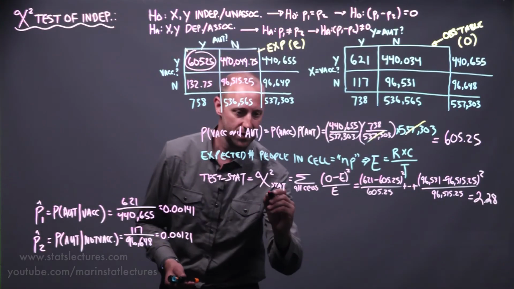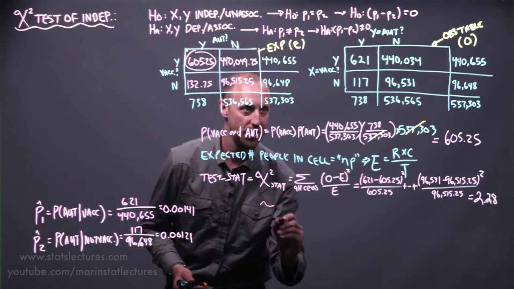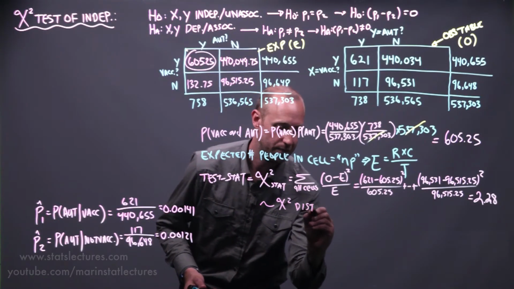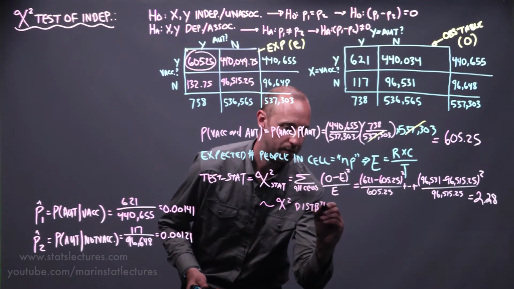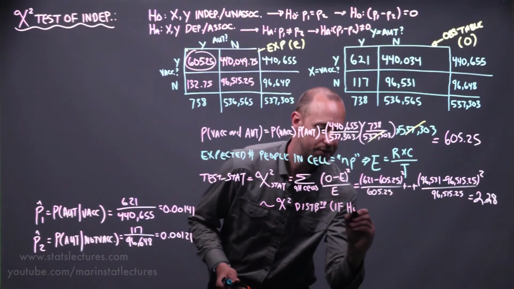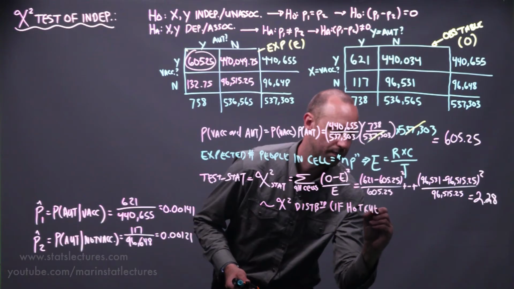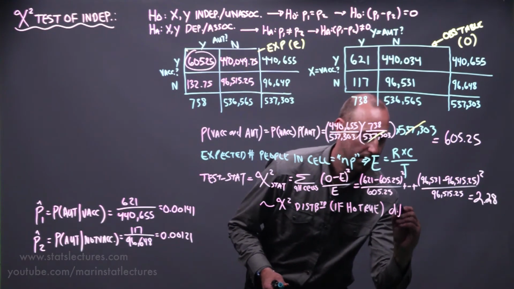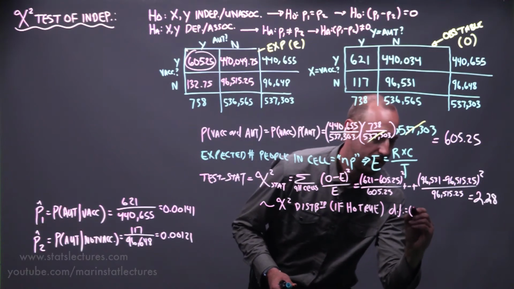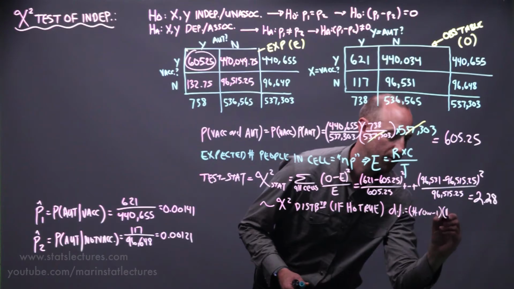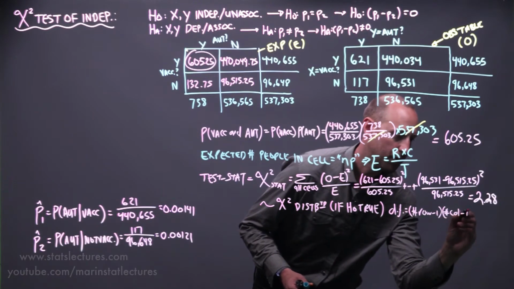This test statistic is approximately chi-squared distributed if the null hypothesis is true, and it has degrees of freedom, the number of rows minus 1 times the number of columns minus 1.